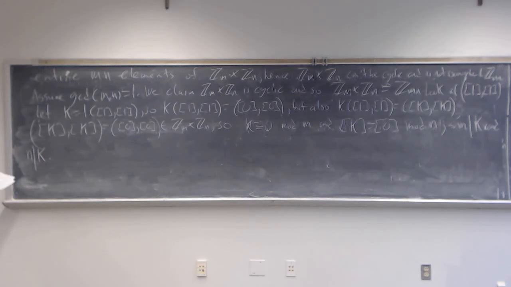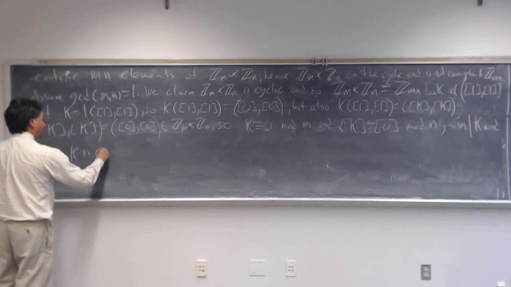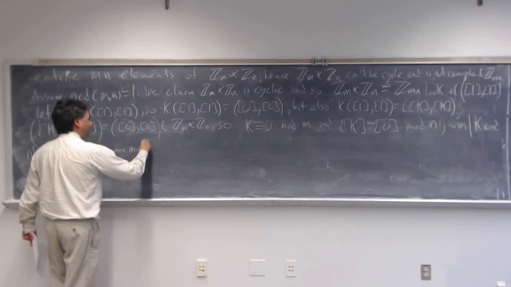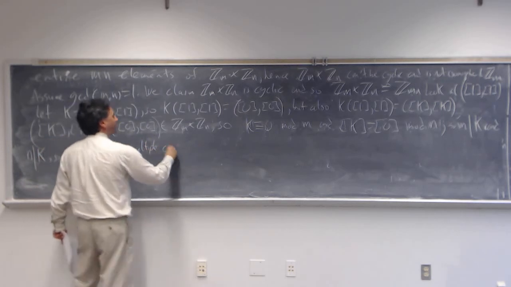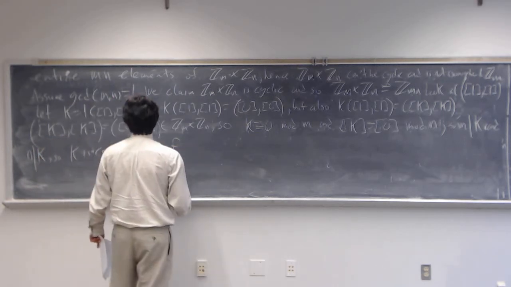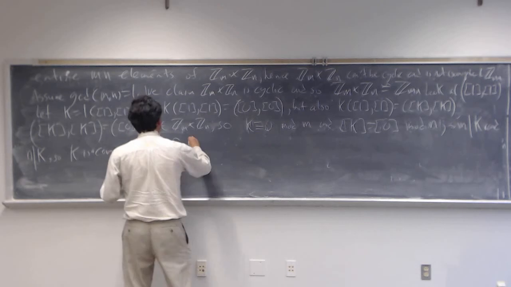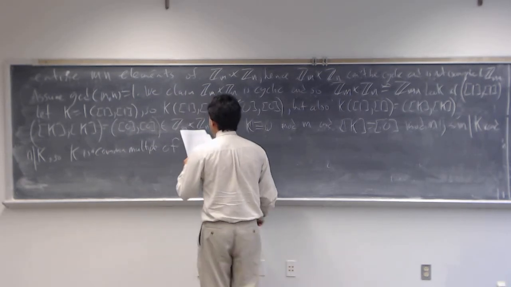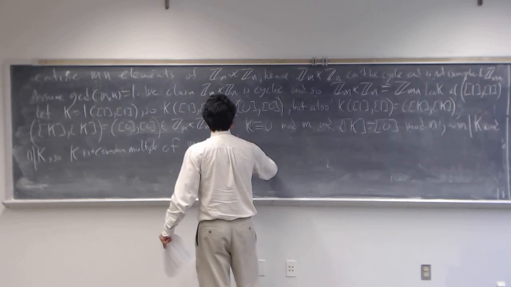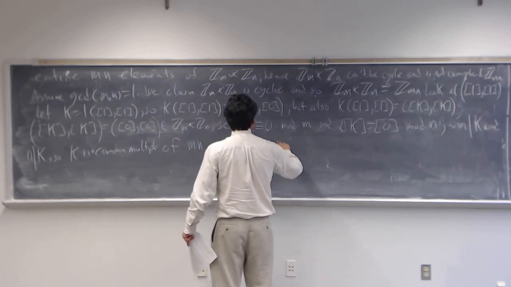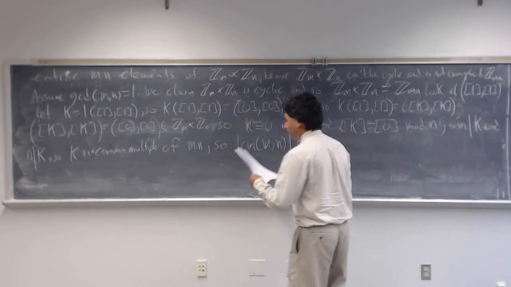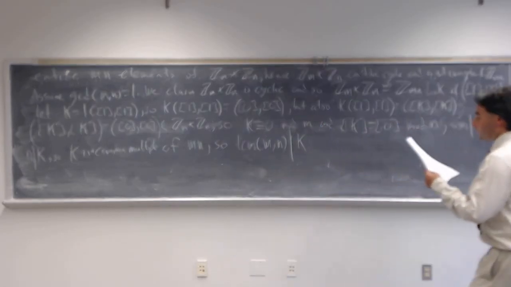So that means k is a common multiple of m and n. So what we have is the least common multiple of n and m must divide any common multiple. So the LCM of m and n must divide k.